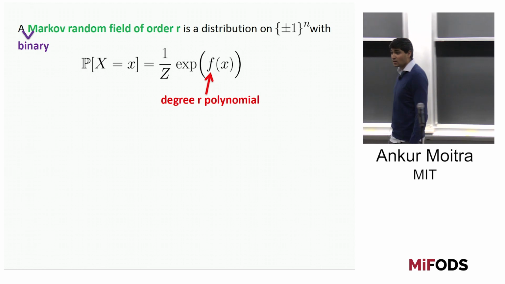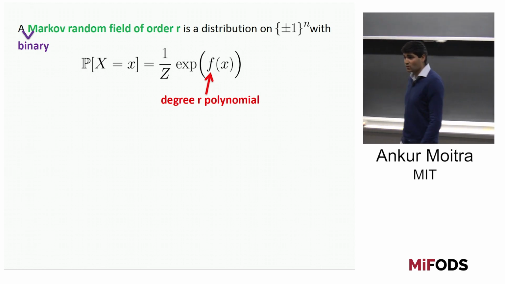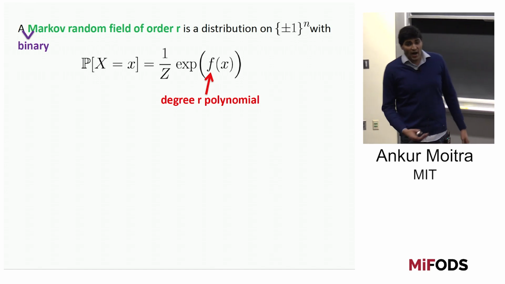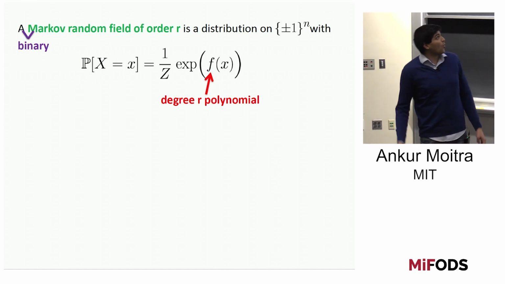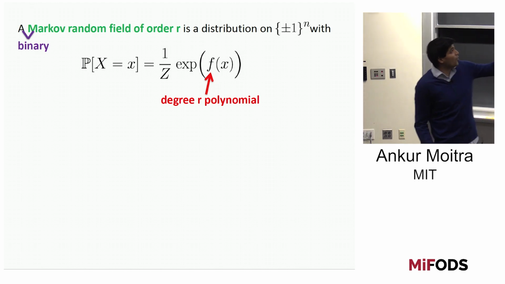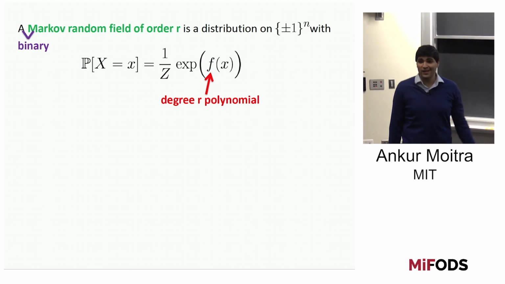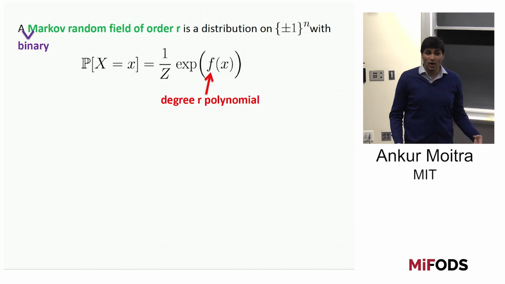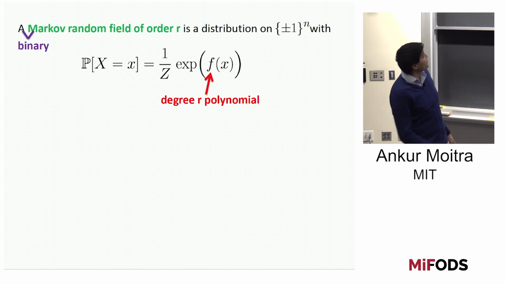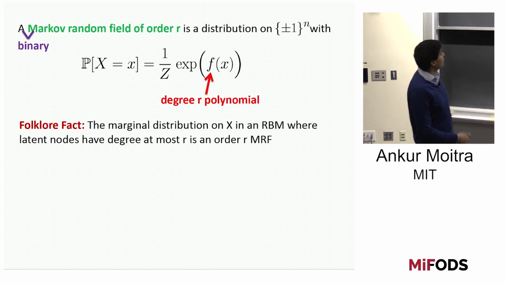Actually, for our purposes, it'll be a binary Markov random field, because we'll always have a distribution on plus minus 1 to the n. And so a binary Markov random field of order r is the same type of distribution we've seen before, but the difference is what shows up in the exponent is now a polynomial of degree at most r. So in fact, you could have third or up to r order dependencies when you talk about these kinds of Markov random fields.